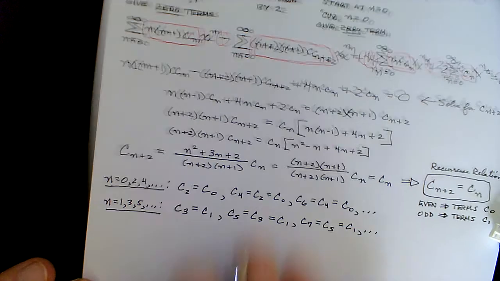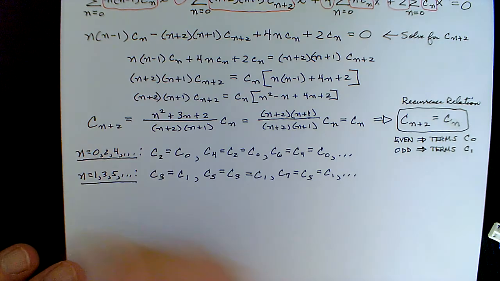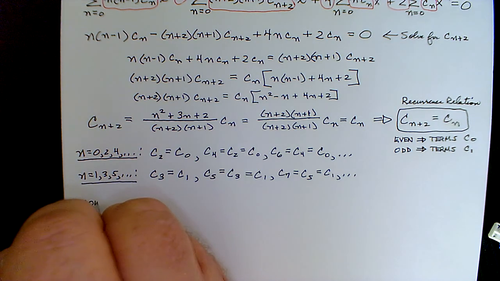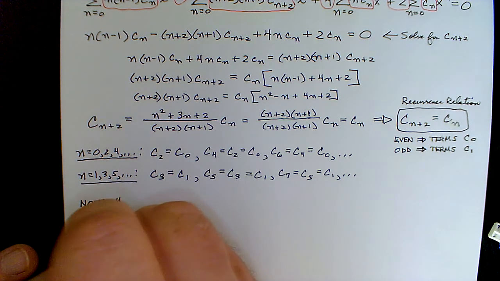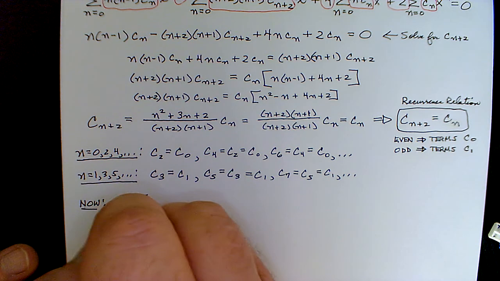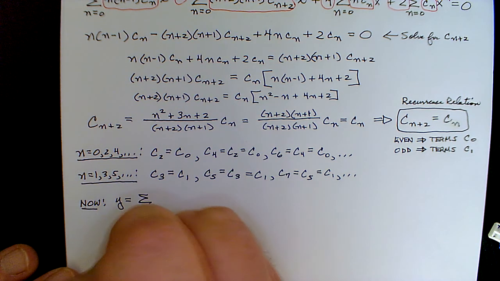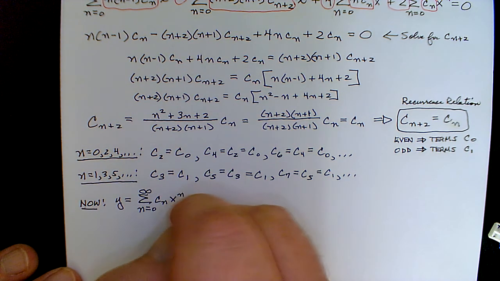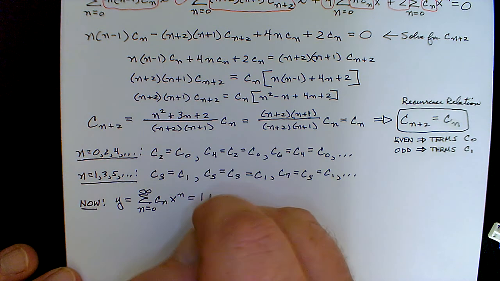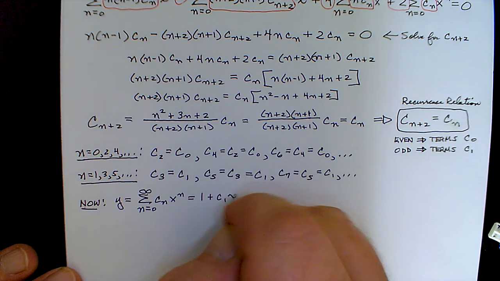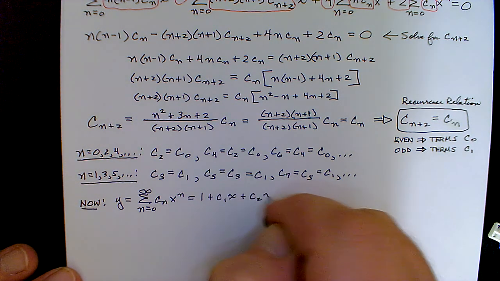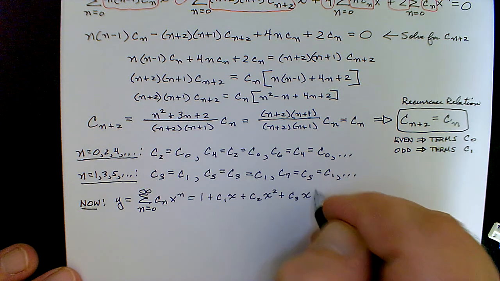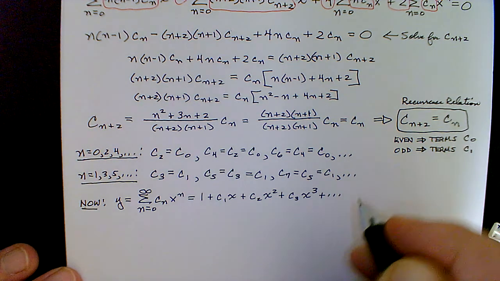Okay, so now our solution. Our solution y was the sum as n goes from 0 to infinity of c sub n x to the n, which is c sub 0 plus c1x plus c2x squared plus c3 x cubed, and so on.